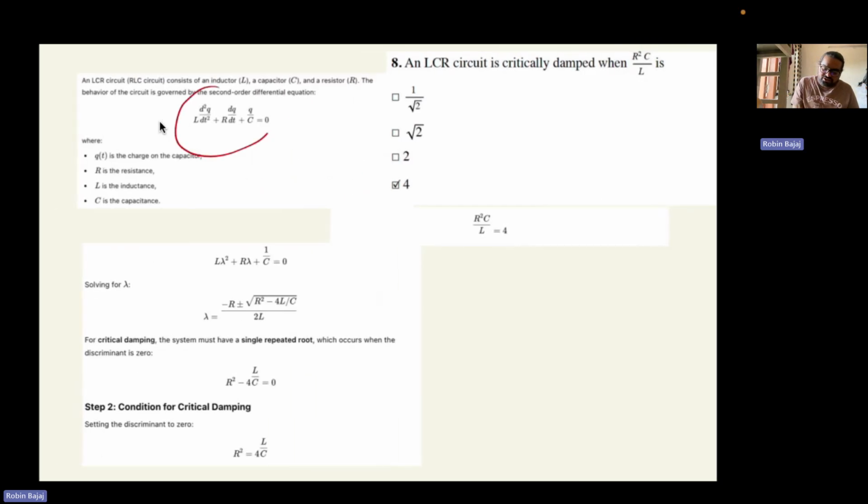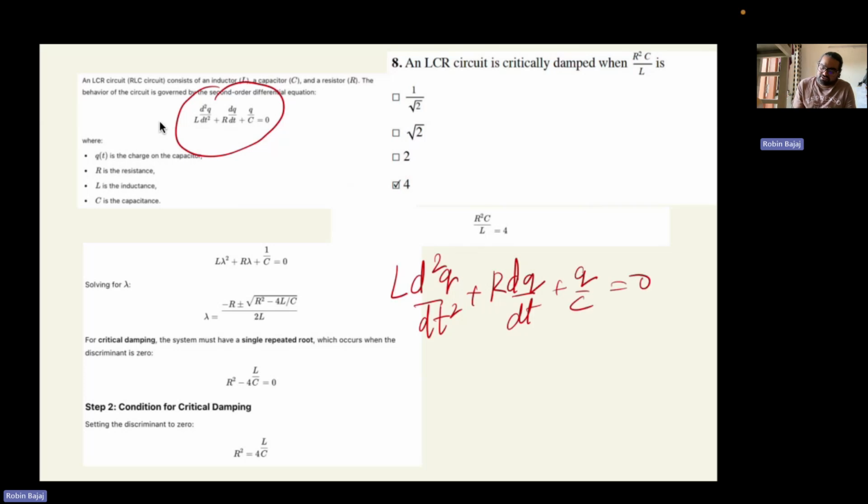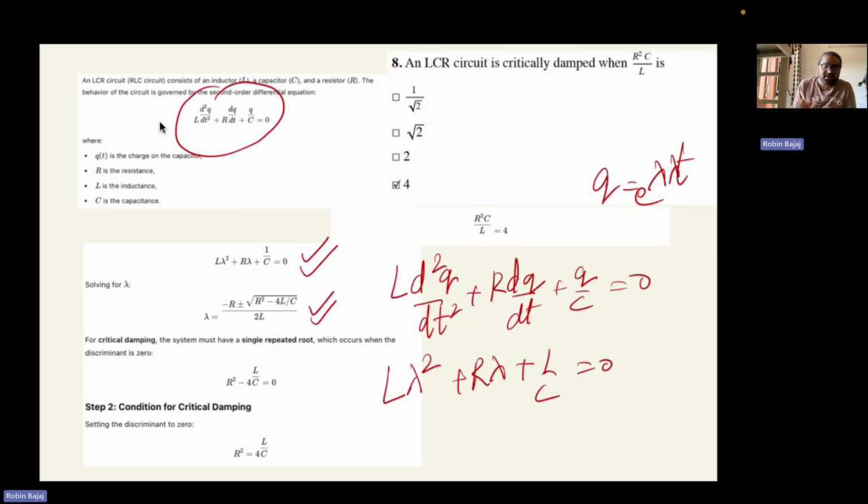So this is your differential equation in LCR: L d square q by dt square plus R dq by dt plus q by C. So if I assume q as some e to the power lambda t, the characteristic equation would be L lambda square plus R lambda plus 1 by C. And if I just solve this equation, it would be this.